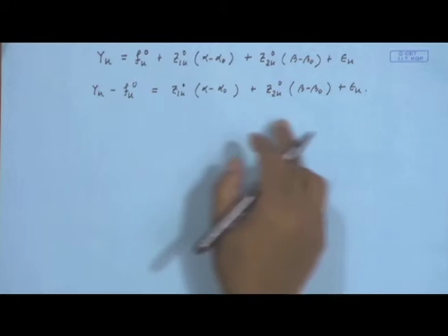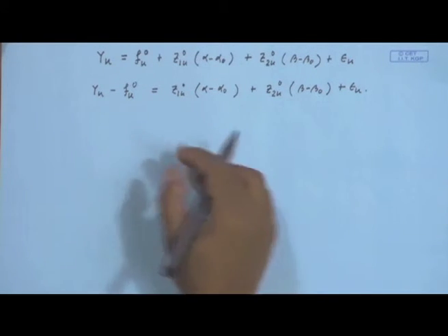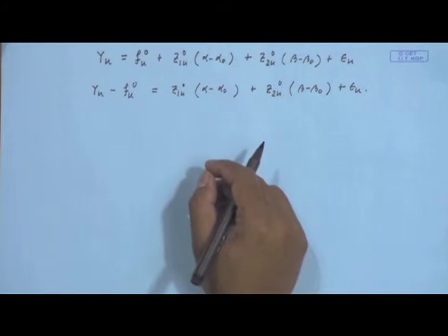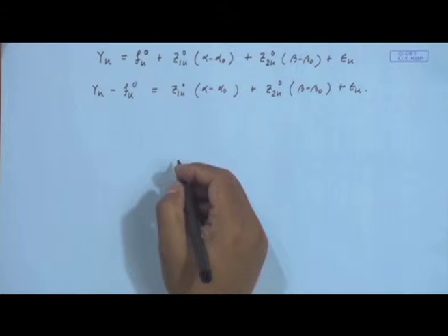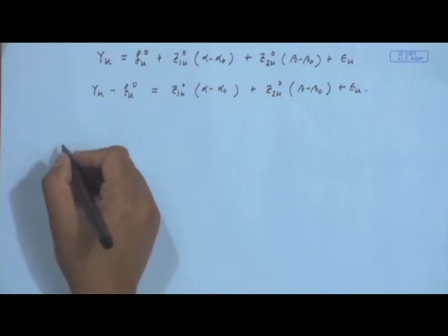Now, here you can see that this one is a multiple linear regression model involving two parameters. Well, I would like to write this now in matrix form.